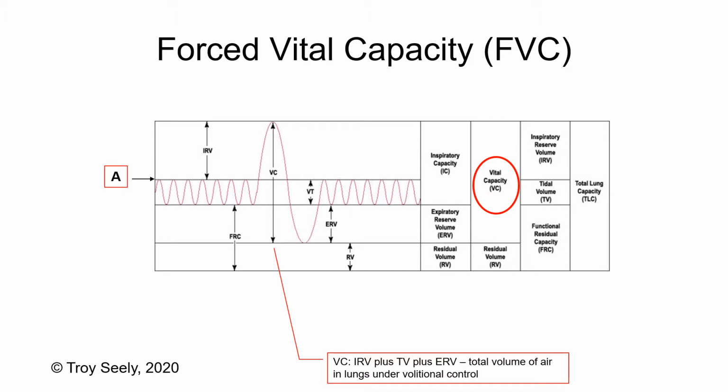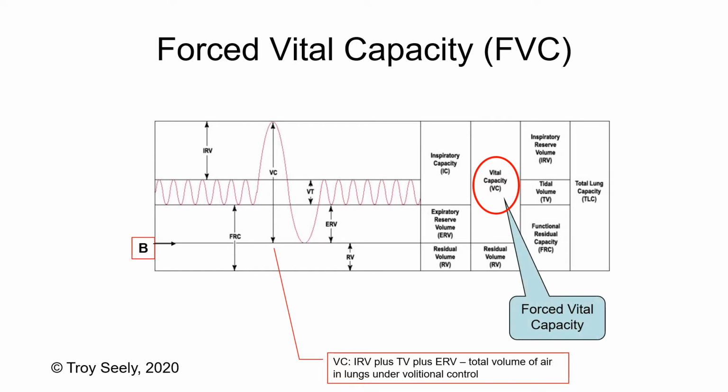So if we were to assess the patient's ability to take in a deep breath, and then from there breathe out all that air forcefully, as denoted by A going up and B going down, we would receive a value that is deemed as a forced vital capacity. And dependent on the patient's performance of that forced vital capacity, we may note the presence of pathology.